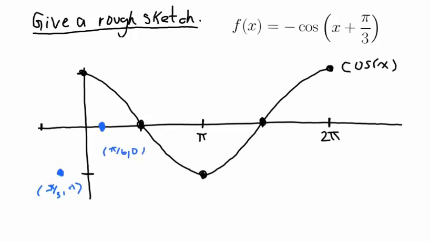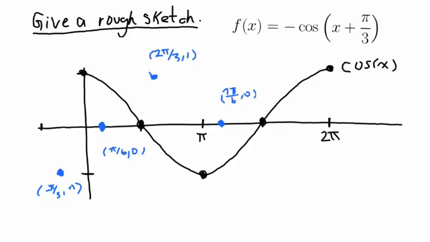Then we have 2 pi by 3 and positive 1, which will be somewhere over here. Next is 7 pi by 6 and 0. This is just a little bit bigger than pi, so that's somewhere over here. And then finally 5 pi by 3 and negative 1.